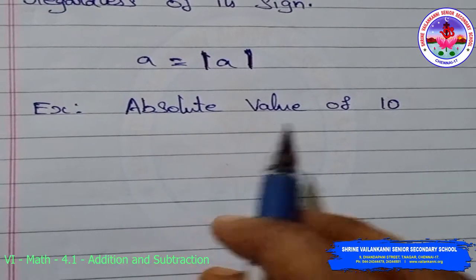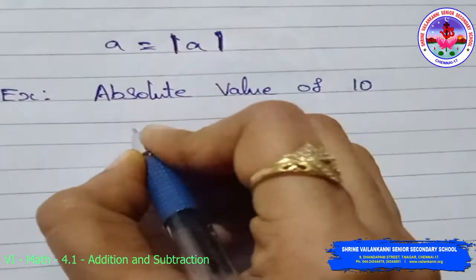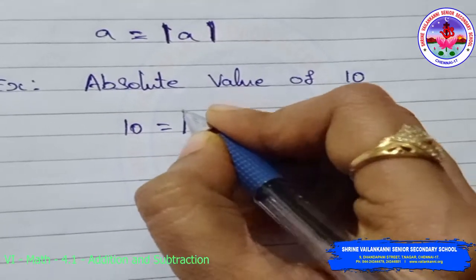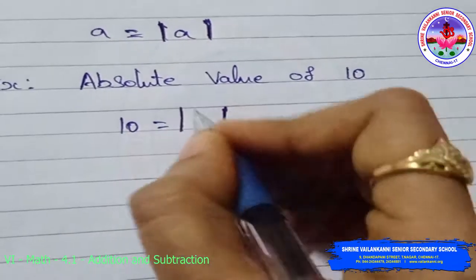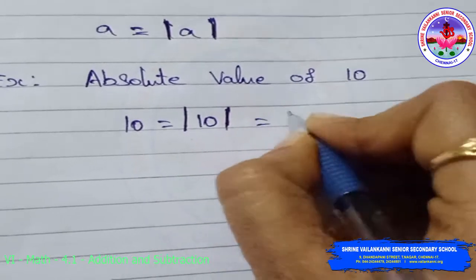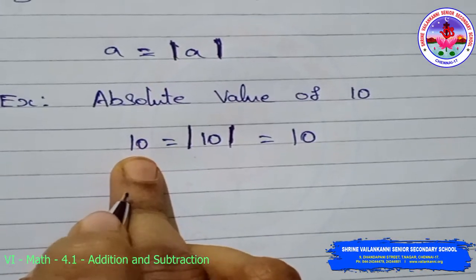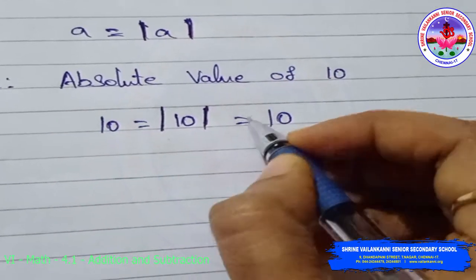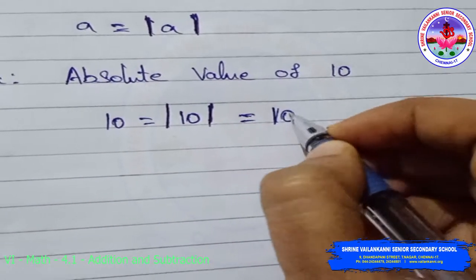Example, absolute value of 10. The two vertical lines are said to be modulus. Modulus 10 is equal to 10. Here the positive 10, using the modulus, that means absolute value, the output is 10.